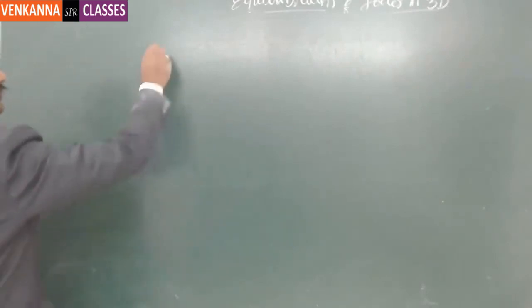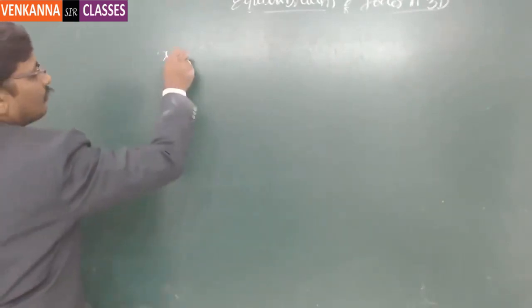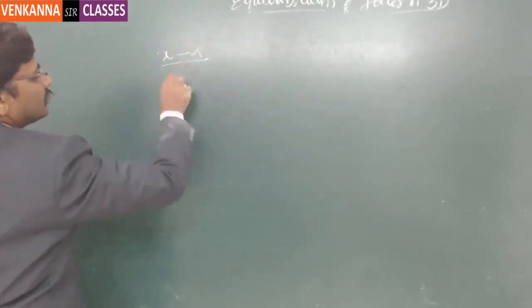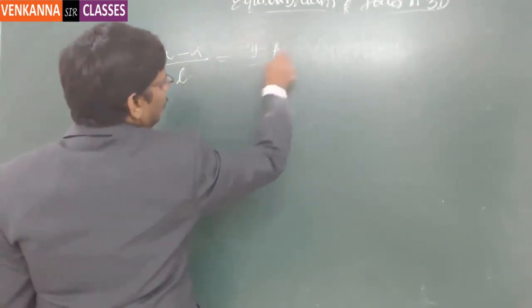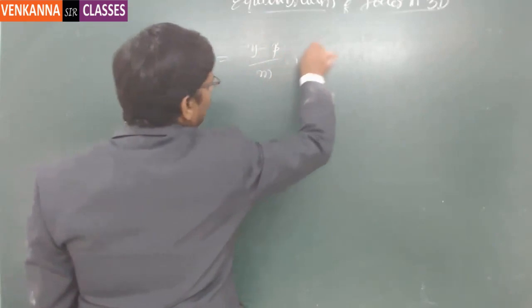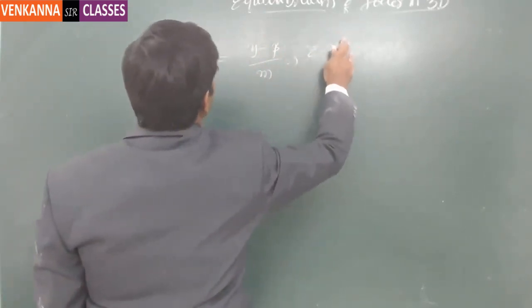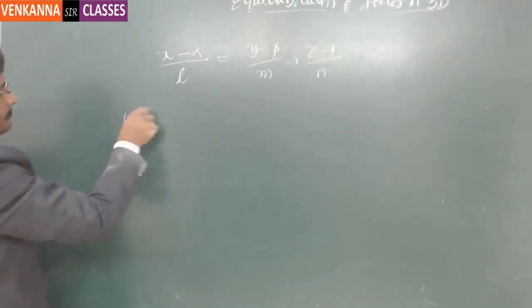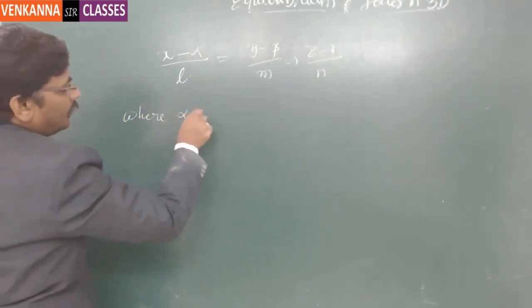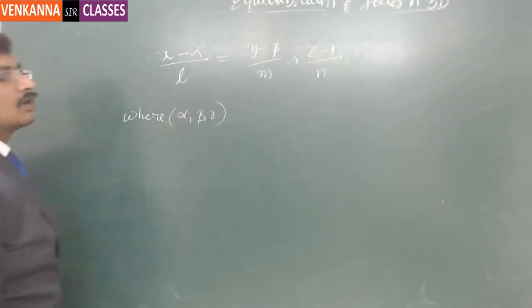So the equation of the straight line passing through a point alpha, beta, gamma is (x minus alpha) by L is equal to (y minus beta) by M is equal to (z minus gamma) by N, where alpha, beta, gamma are not the angles.